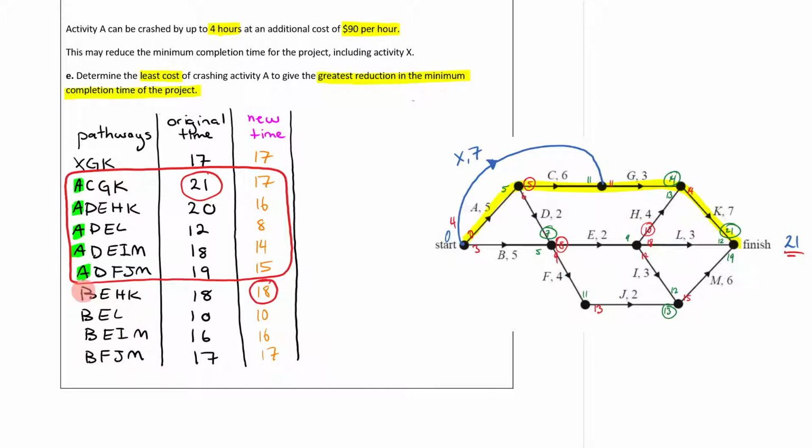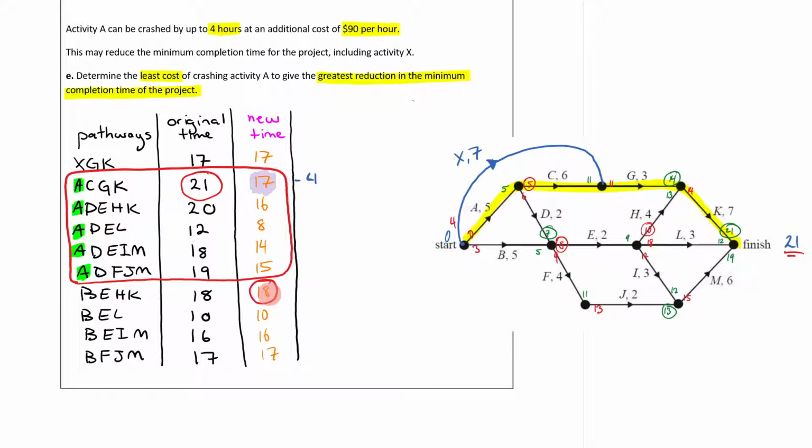What's my biggest time of the ones that I've reduced? Hopefully you can see the biggest one here will be 17. That's the biggest one that we've reduced. Now, by reducing 21 all the way down to 17, by reducing it by 4, we've achieved this result of getting it to 17. But by doing that, we've created a new critical path.